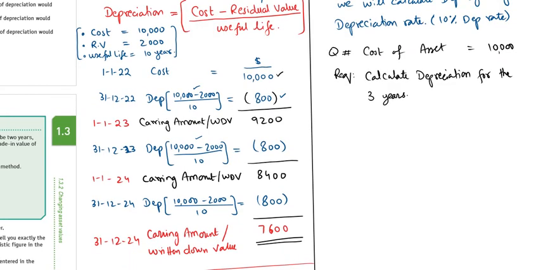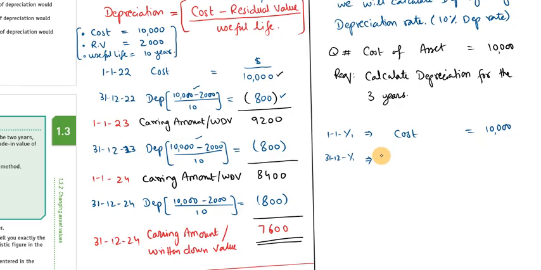We assume that at the start of year one, the cost is 10,000. At the end of year one, that is 31st December year one, we have to calculate depreciation after passing a year.